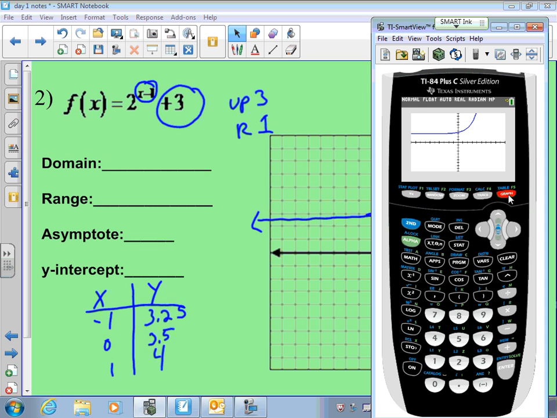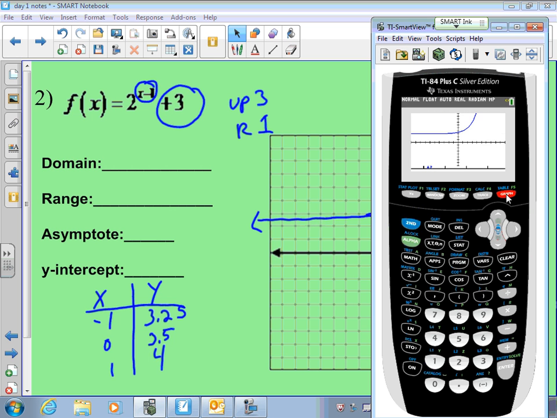Okay, so this is what our graph looks like. And of course, we could have done the table before to help with this: -1 was 3.25, 0 was 3.5, 1 was 4, or however many points you want to use.